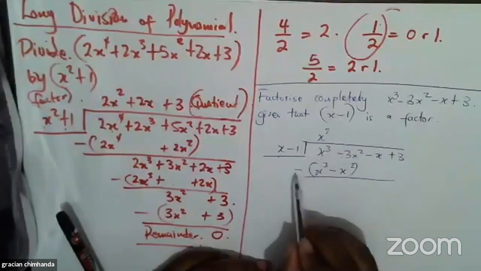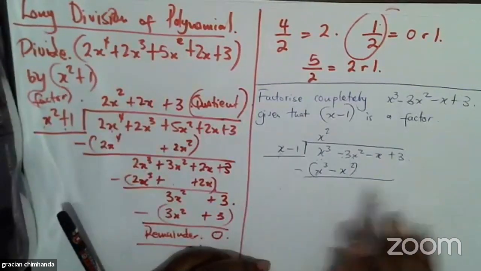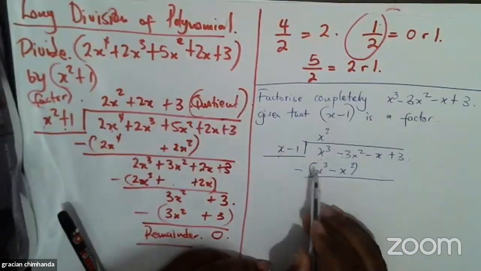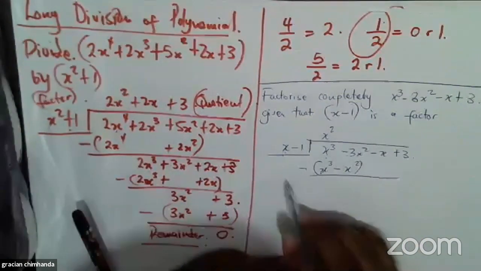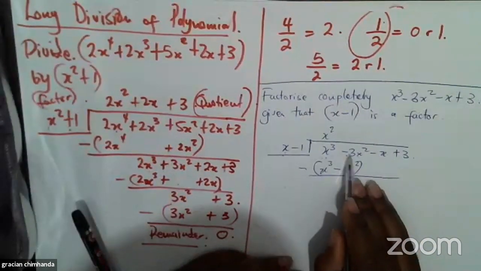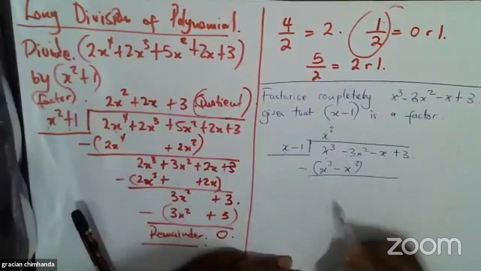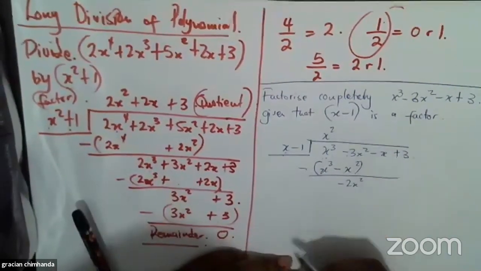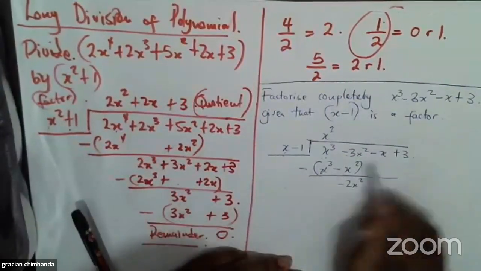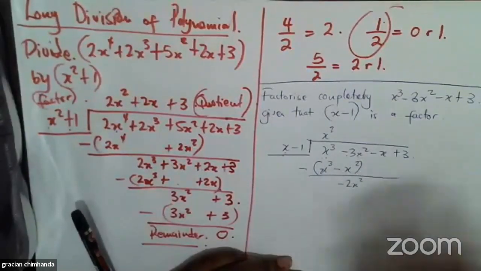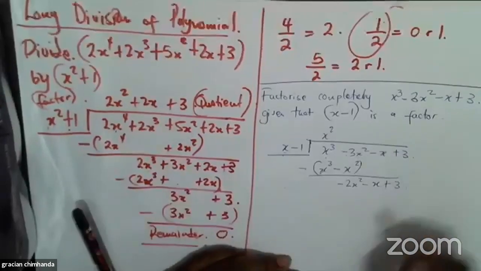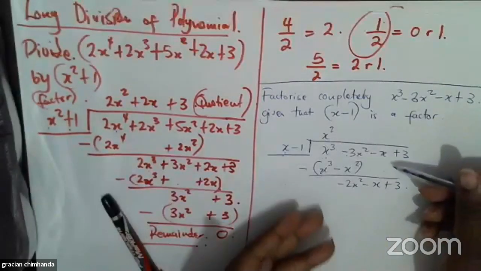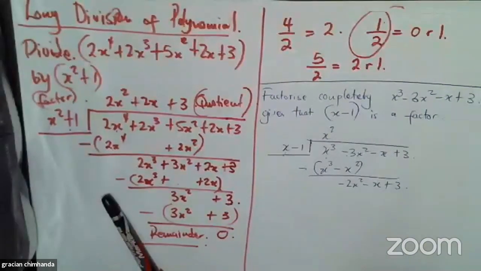This negative sign affects the whole bracket. So this becomes a positive. Minus 3 plus 1 gives us minus 2x squared. Minus x minus nothing disappears, so it becomes minus x plus 3, because we don't have any variable to affect this.